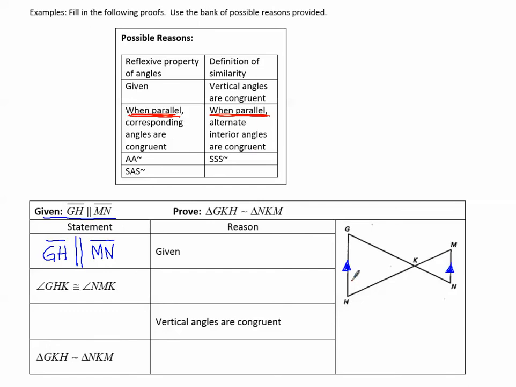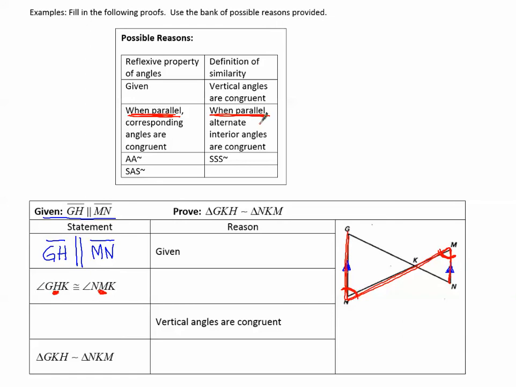Which do we have here? Well, I can make the zigzag, G down to H this way, or I could make it the other way. I noticed the way the letters were in the statement, which is why I made it this way, because I see H in the middle and M in the middle. G, H, K, H is where I put the mark, and N, M, K, so M is where I put the mark.